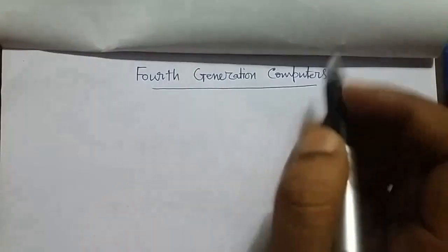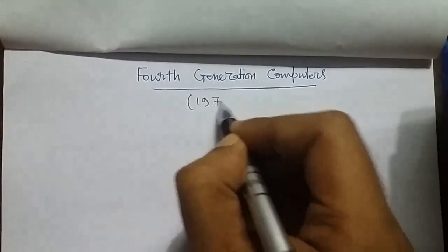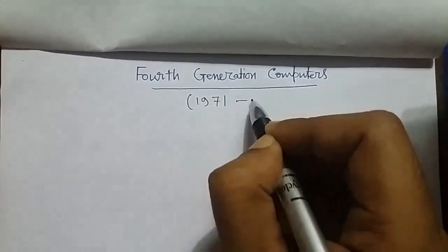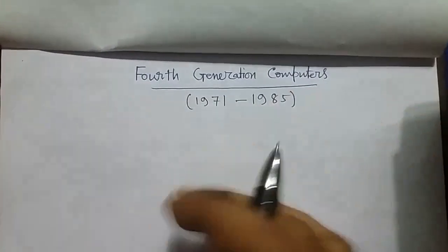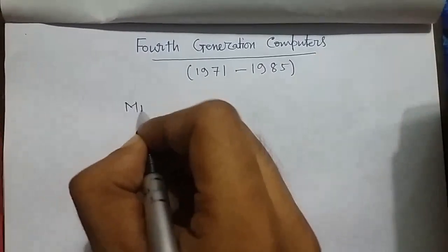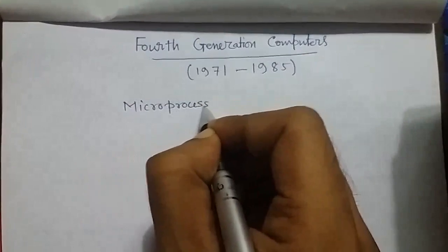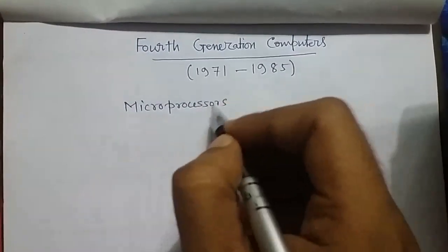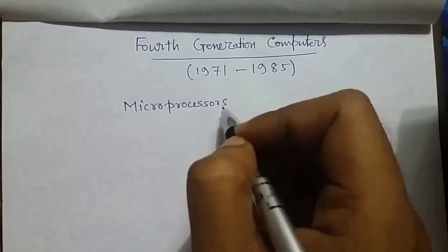Now the fourth generation computers, and the duration was 1971 to 1985. And in this generation, microprocessors were introduced to be applied as the main electronic component.